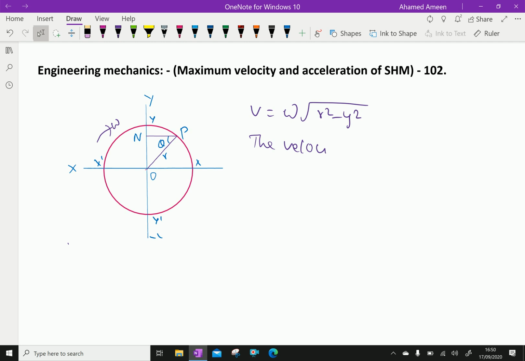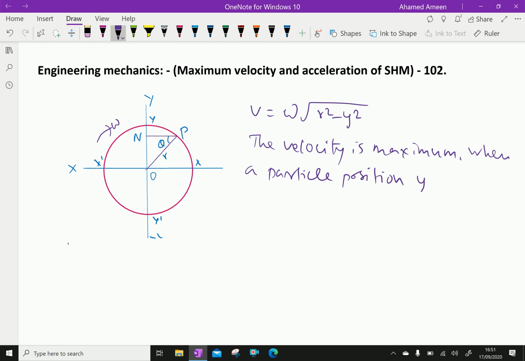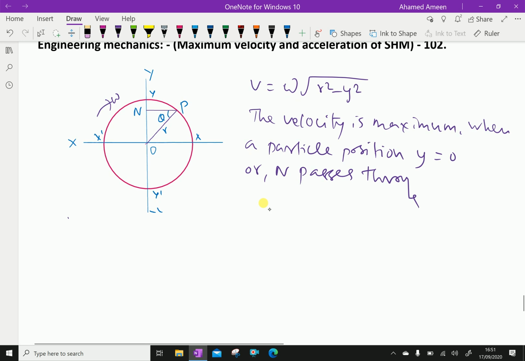The velocity is maximum when the particle is at position y equal to 0, or we can say the particle passes through O, that is the center of oscillation, the mean position.